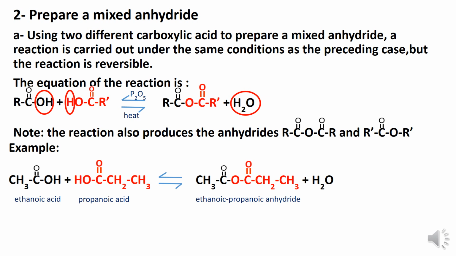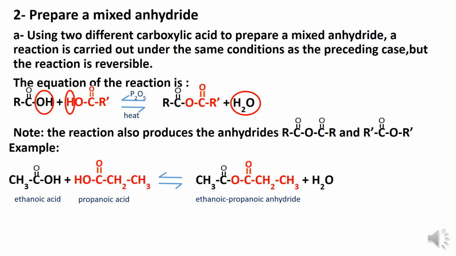It is P2O5 and in the presence of heat. But here you have to pay attention that you don't get only mixed anhydride, you also get two products of the acid anhydride where the two R are similar. So let's take an example to understand this more.